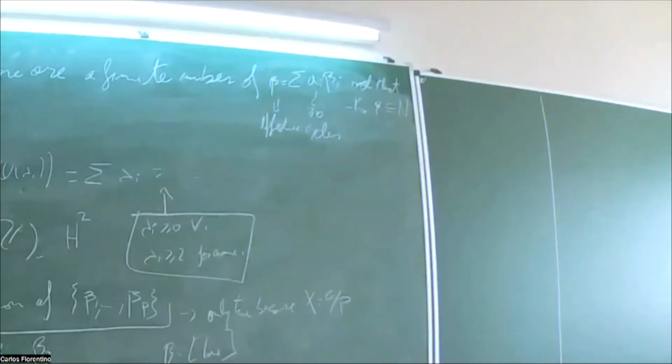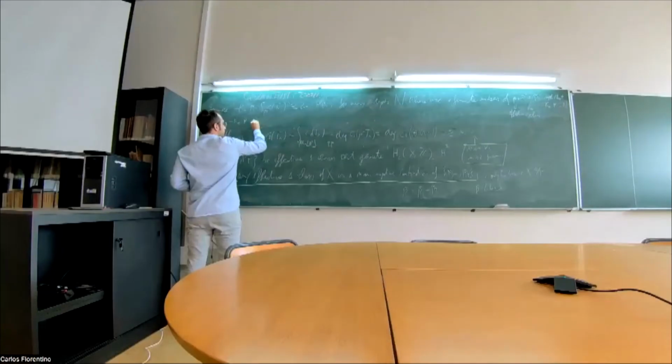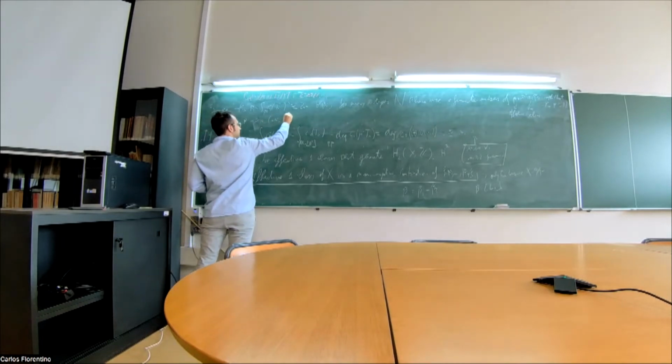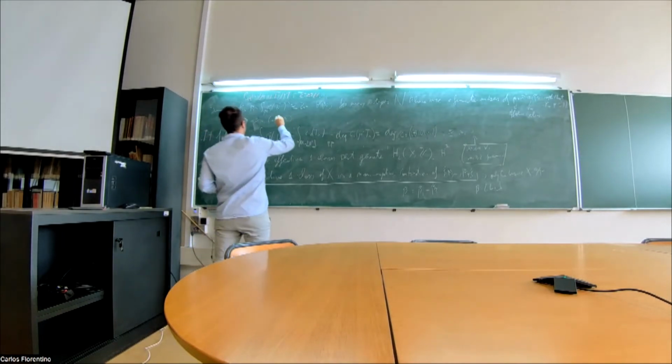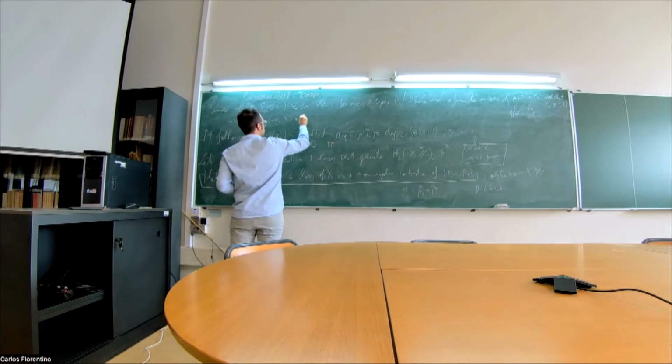Why? Because kx times beta is the sum over I of kx times beta I. Each one is at least 2, so this is at least 2.